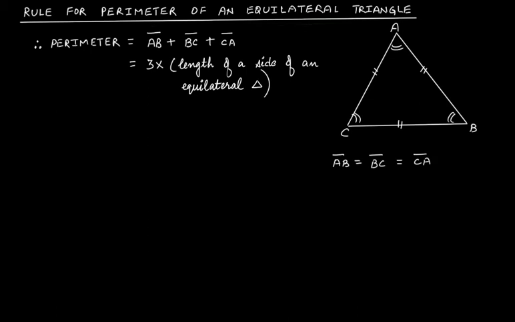Suppose the perimeter is represented by small p, and it is the perimeter of an equilateral triangle, and suppose each side of this equilateral triangle is of length a. So what will be the rule? It will be 3 times a, or we can also write it as p is equal to 3a.